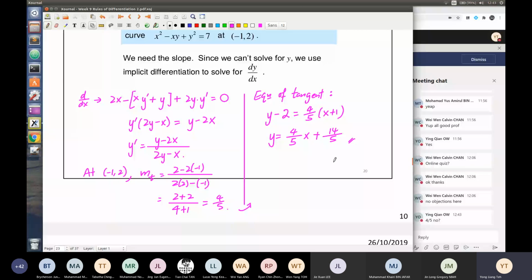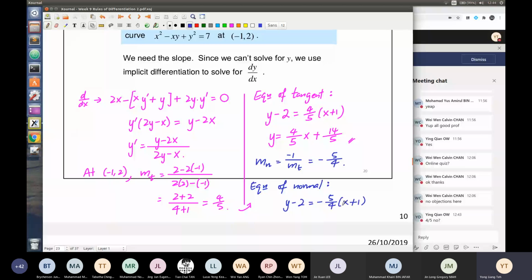And of course, the equation of the normal comes after we get the gradient of the normal. So m of normal is just minus 1 over m of tangent, which looks like minus 5 over 4. Then the equation of the normal: y minus 2 is equivalent to minus 5 over 4 times (x plus 1).